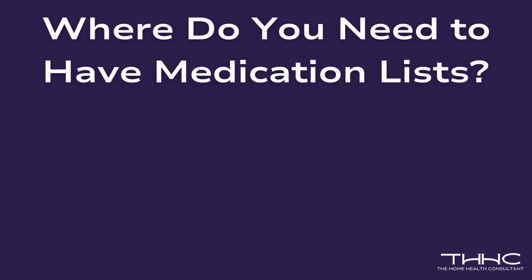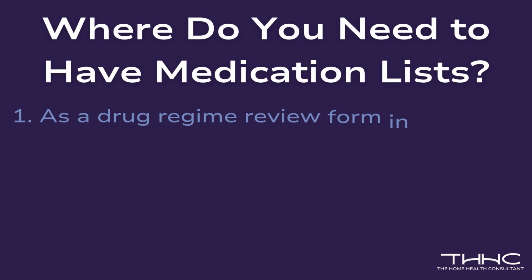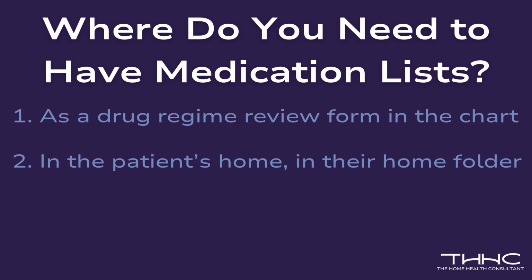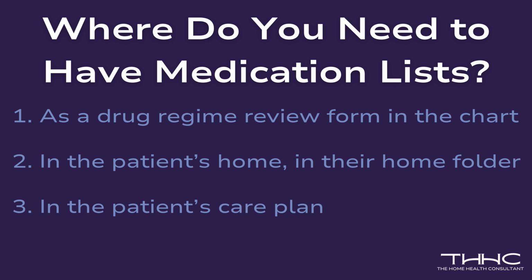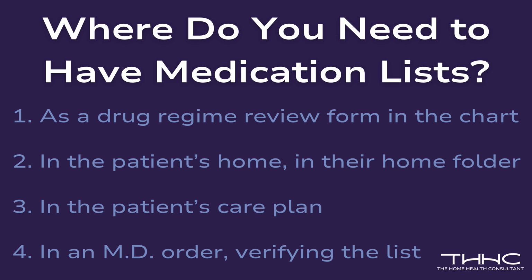The medication list lives in several places. You need to have this medication list as its own kind of drug regimen review form. That same exact list needs to live in the patient's home in their home folder. It needs to be in the care plan, and there needs to be a separate MD order verifying it.